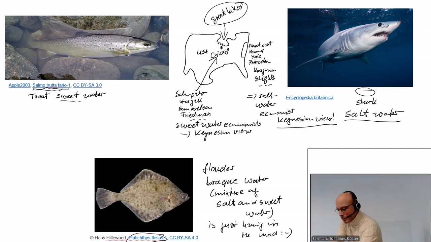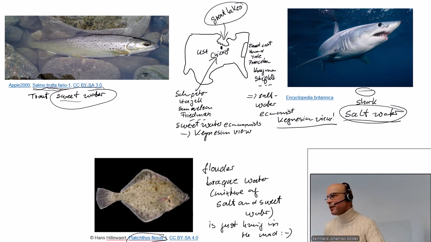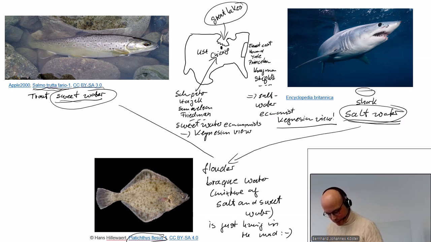Well, and so we would say then: are you a sweetwater economist or are you a saltwater economist? And I would say nothing of these two. I would say that I'm a somehow blackwater economist. That this would be something in between.